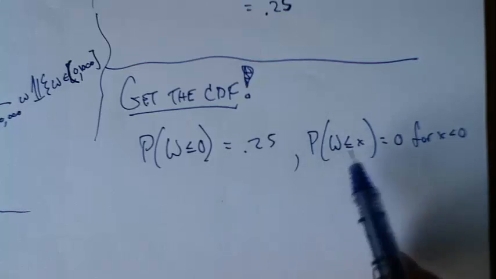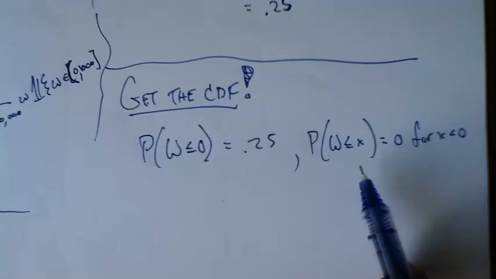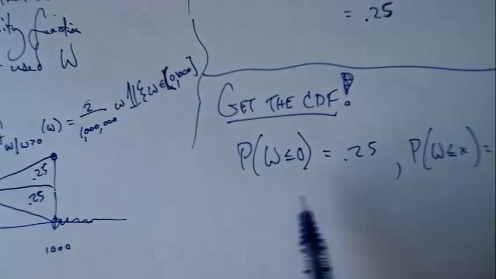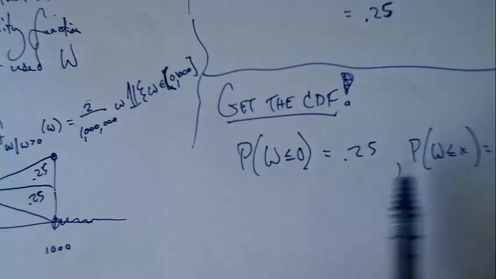First of all, this just says the chance of using a negative amount of water is 0.